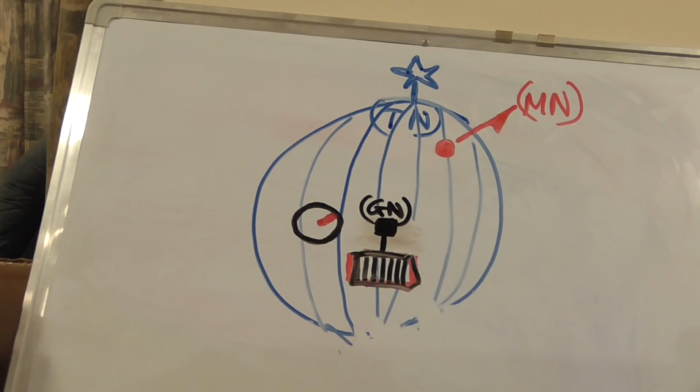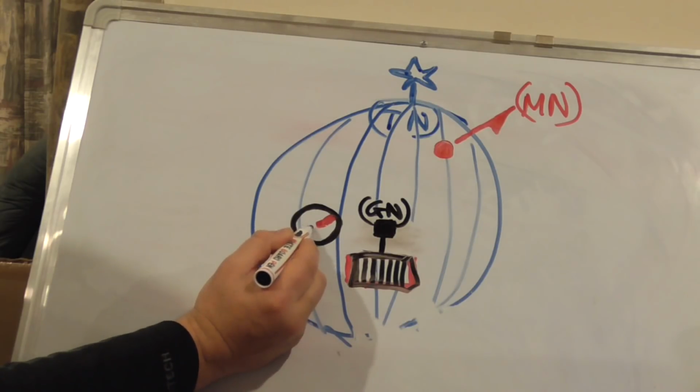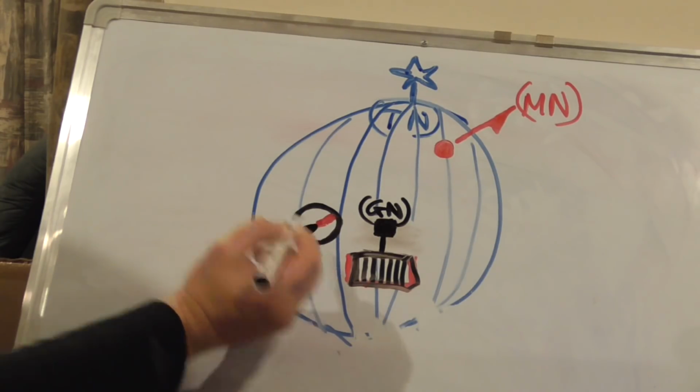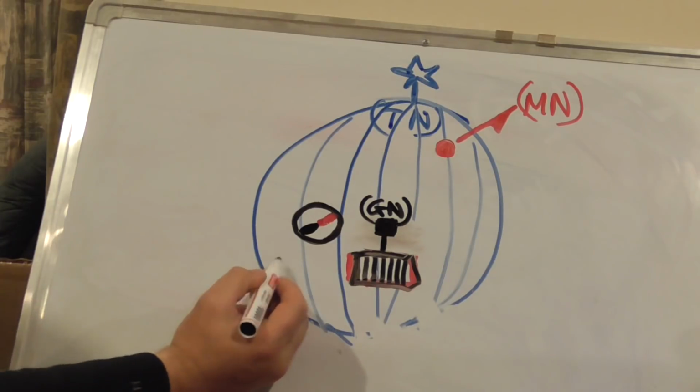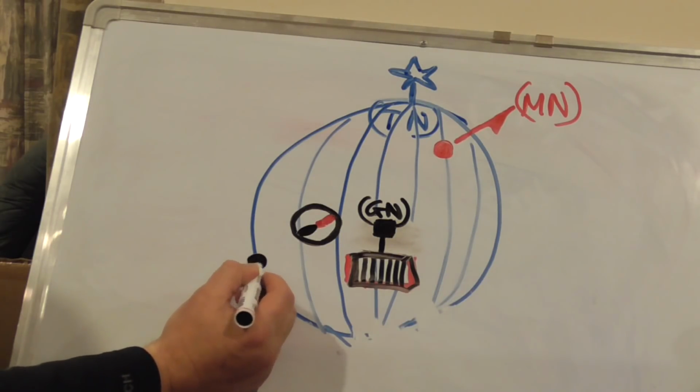The other side of the needle, it could be black, it could be white, that's pointing towards the magnetic south pole, which would be in this direction. Let's just do a circle over here.